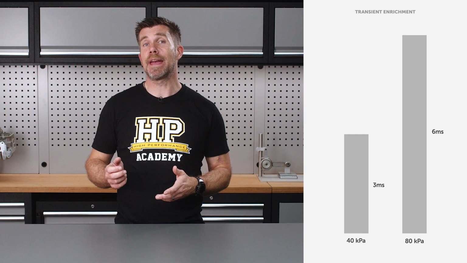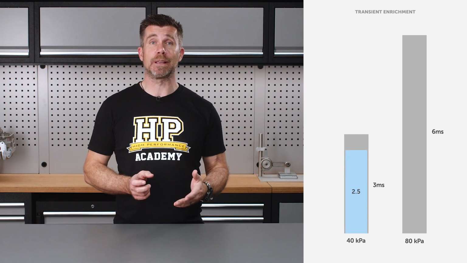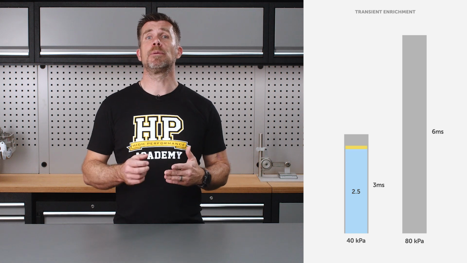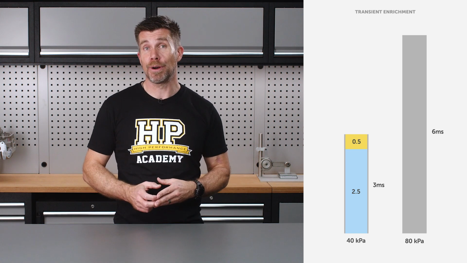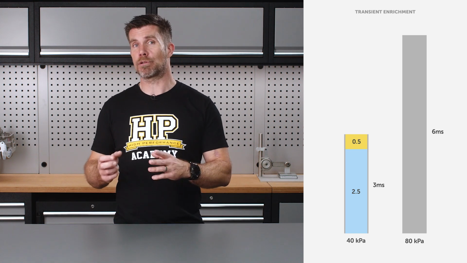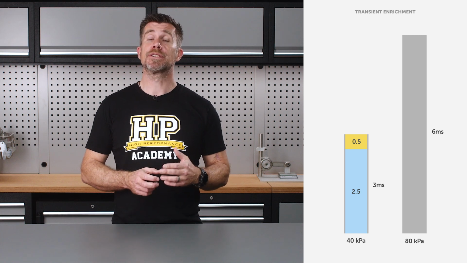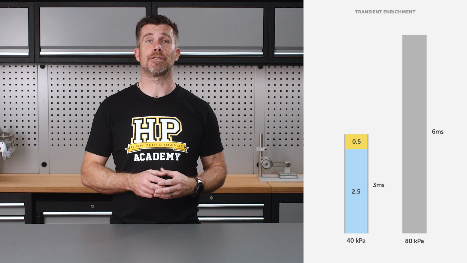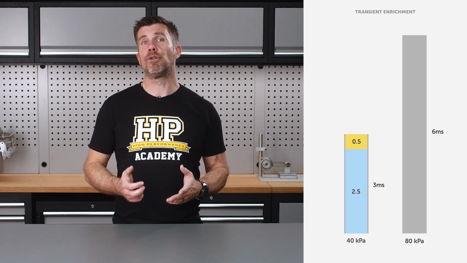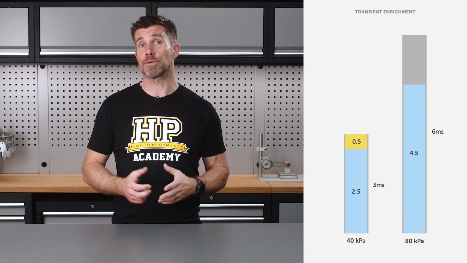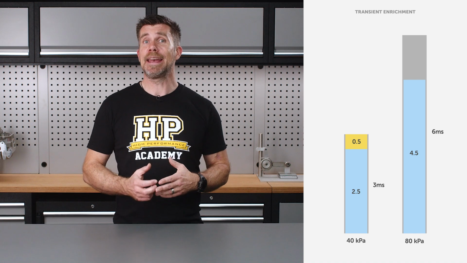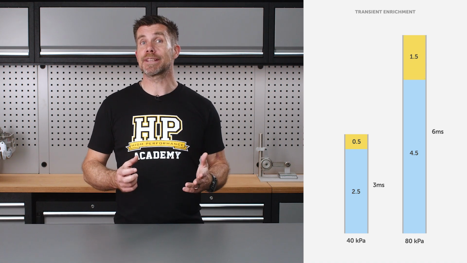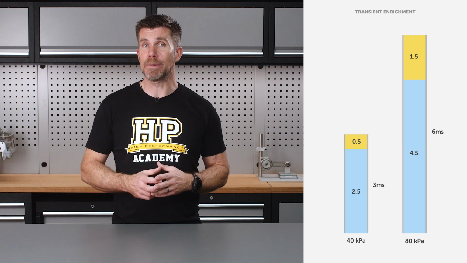Let's assume, however, that at 40 kPa, 2.5 milliseconds of the injector pulse width is making it directly into the cylinder, and the other 0.5 is topping up the fuel film. Of course, the film is evaporating at the same rate it's being topped up, so the cylinder is still receiving the required 3 milliseconds of overall fuel delivery. At 80 kPa, 4.5 milliseconds of the injector pulse width is delivered directly to the cylinder, and 1.5 milliseconds tops up the fuel film. The fuel film in this case has grown by the equivalent of 1 millisecond.